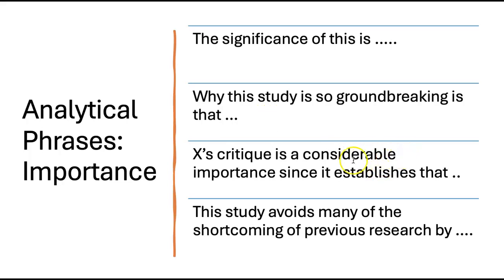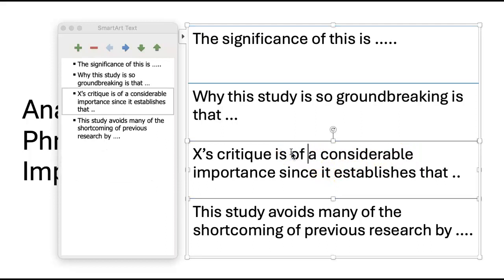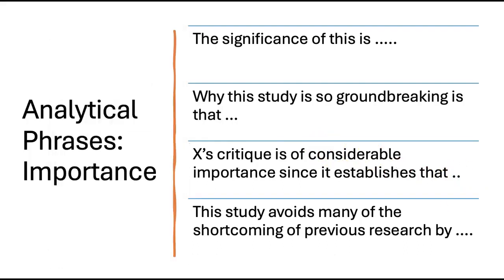X's critique is of considerable importance since it establishes that, and you tell us why it's so important by showing us how it's going to change the terrain, the research, the argument, etc. And finally, this study avoids many of the shortcomings of previous research.